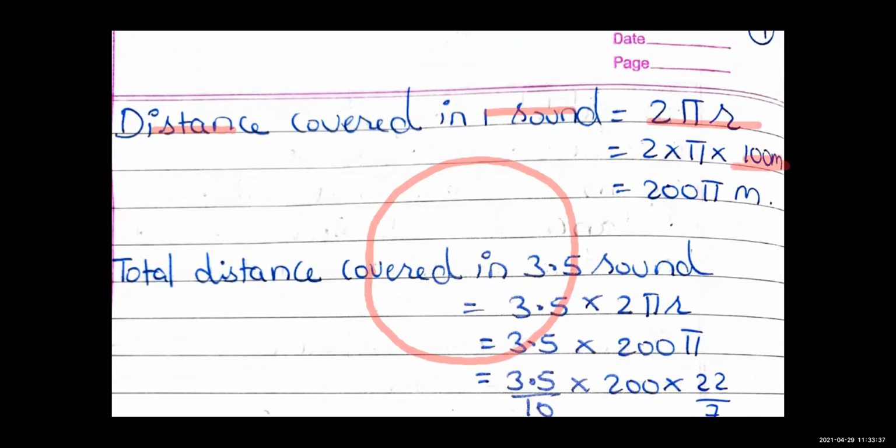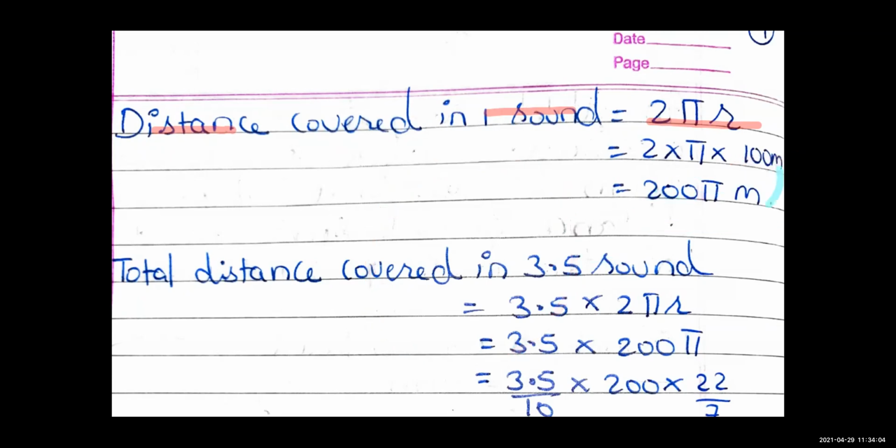Radius is 100, so it is 200 pi meter. We know the value of pi, 22 by 7, and we can put it and calculate it. But we need to calculate the distance at the end of 2 minutes 20 seconds, means the total distance covered by him. So here we are not putting the value of pi yet.